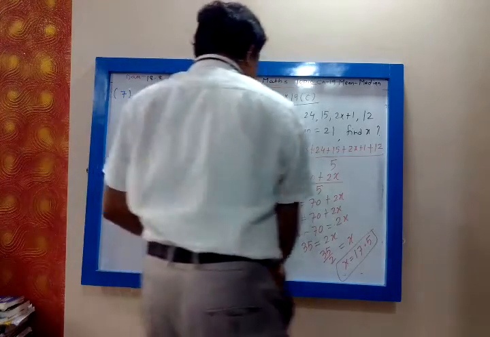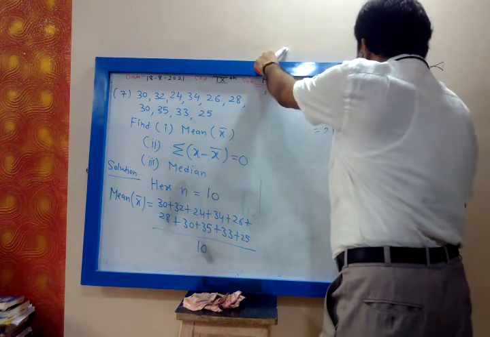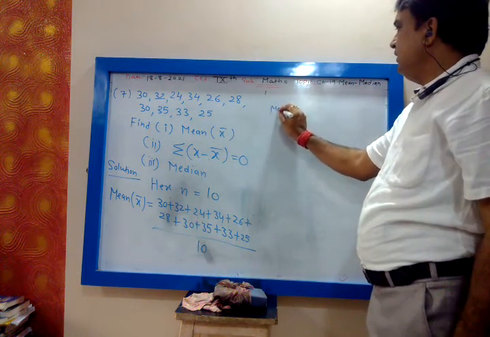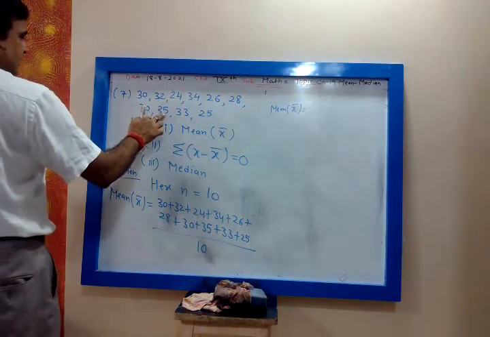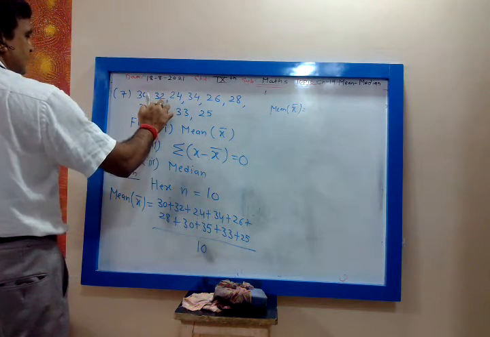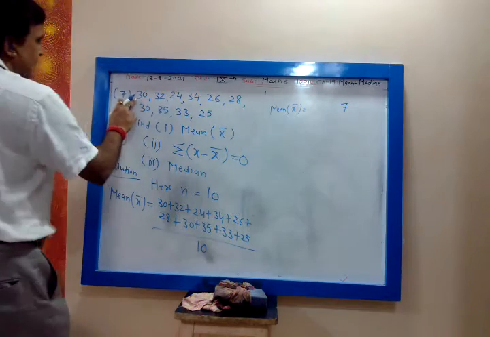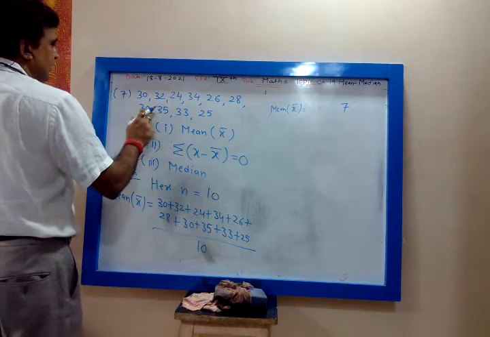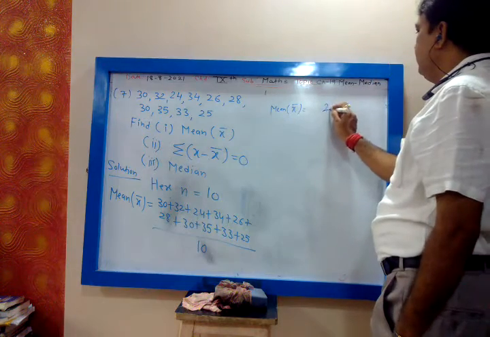So add them. So how much is total? Adding gives 297, divided by 10.